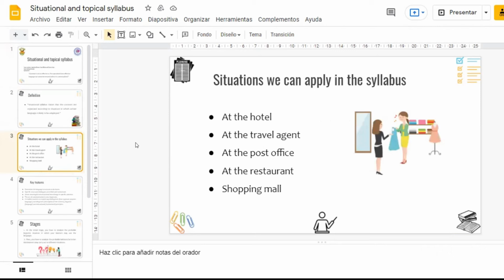The situations in which we can apply this syllabus are at the hotel, at the travel agent, at the post office, at the restaurant, and shopping malls.